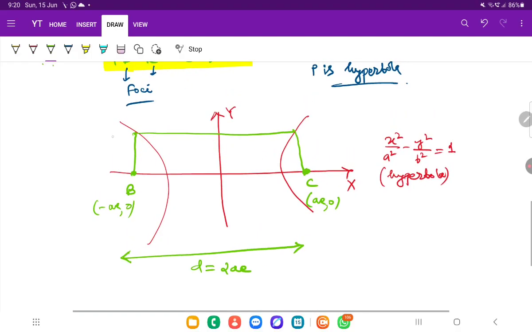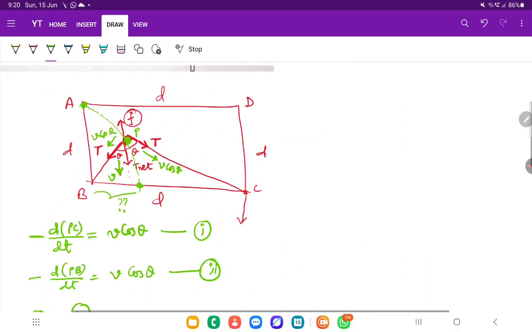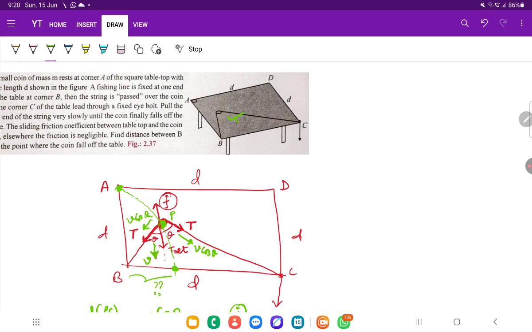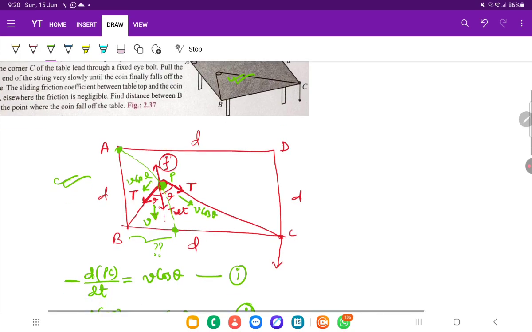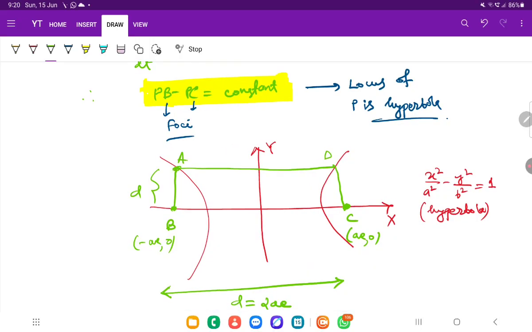And initially also this distance is d. Actually this was ABCD, this one was the square. Here also I have drawn ABCD, and this was the initial position of the coin. This one is the initial position at point A, and obviously all the sides AB, BC, CD, DA are of equal length d.